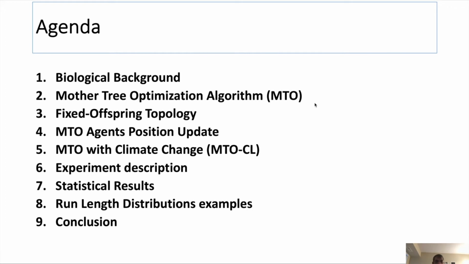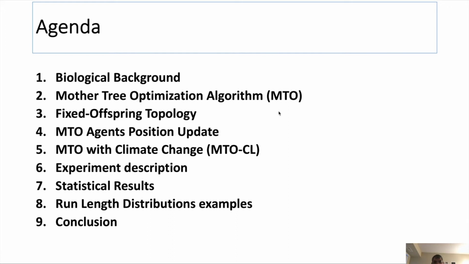What we are going to cover in this presentation: a brief introduction about the biological background of the phenomena that we built the algorithm on. Then we will talk about the mother tree optimization algorithm and the offspring topology that we have used. We proposed a new topology, and a topology is a way of communication between agents or particles in the population.